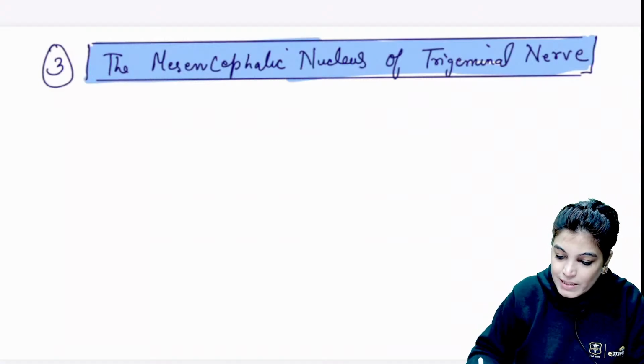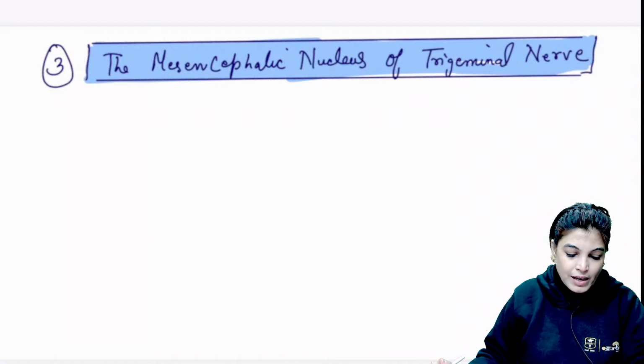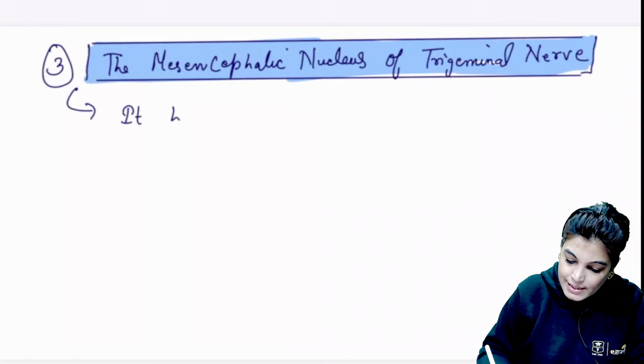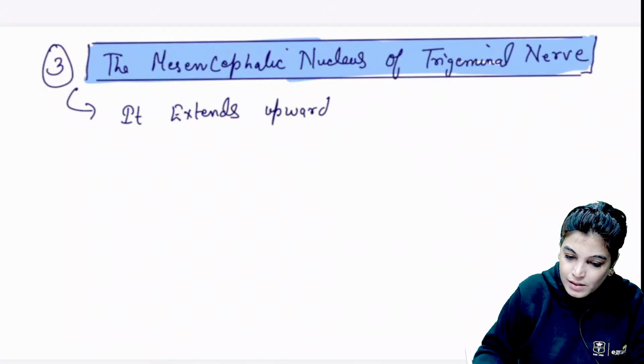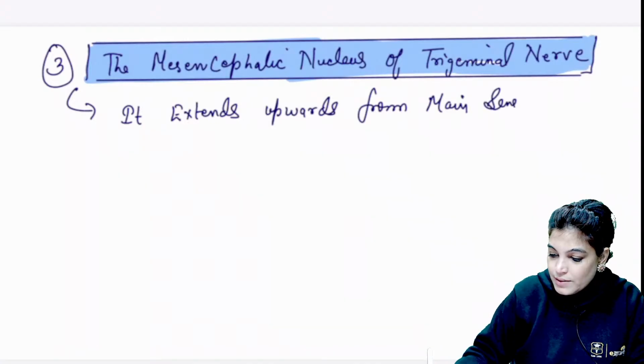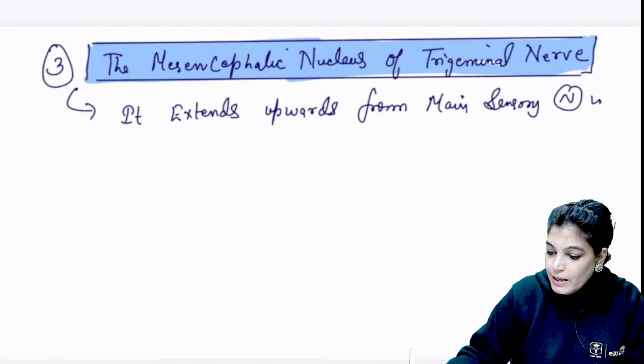If I am talking about the mesencephalic nucleus of trigeminal nerve, it extends upwards from the main sensory nucleus into the midbrain.